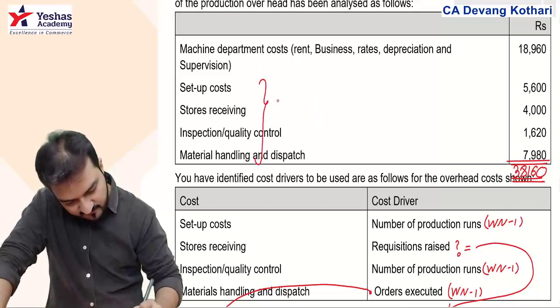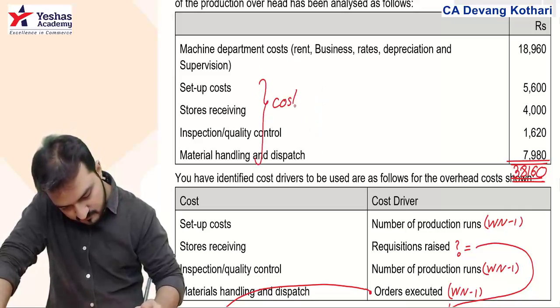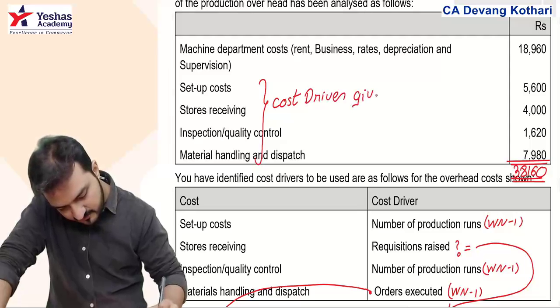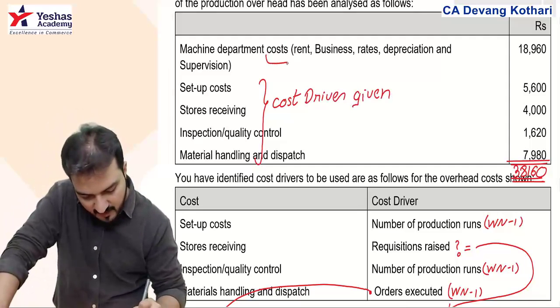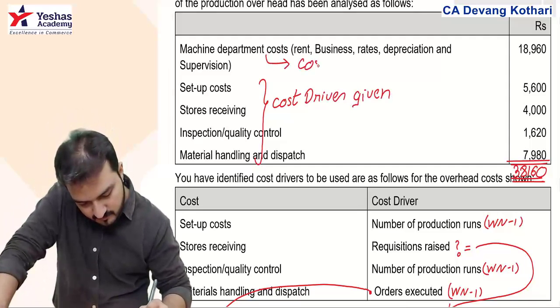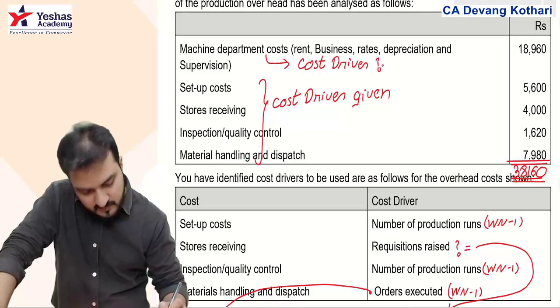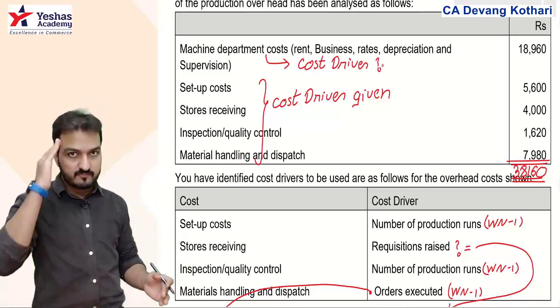For these 4 activities, the cost driver is given. So what about machine department cost? What should be the cost driver? They have not given it. Well, if they have not given it, use your brains.